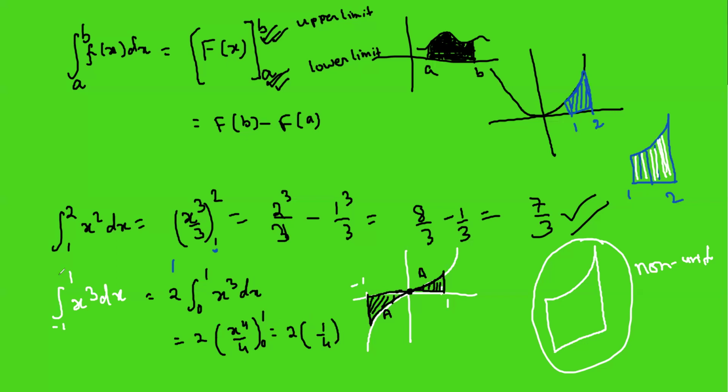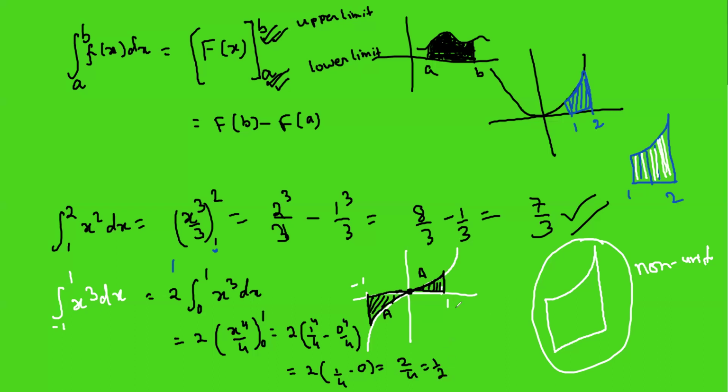You can see when you put x raised to 1, 1 raised to 4, 0 raised to 4 is 0, right? 2/4, 1/2.